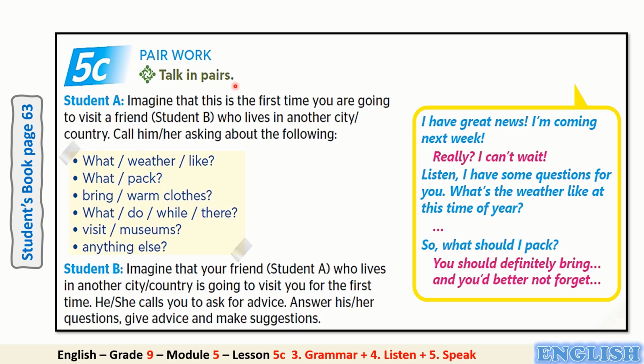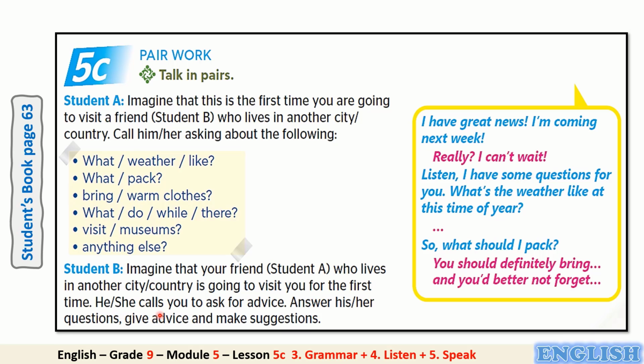And here we are going to talk in pairs. Student A and Student B. Student A, imagine that this is the first time you are going to visit a friend, Student B, who lives in another city or country. Call him or her asking about the following. Use these prompts to ask questions for Student B. Student B, imagine that your friend, Student A, who lives in another city or country, is going to visit you for the first time.